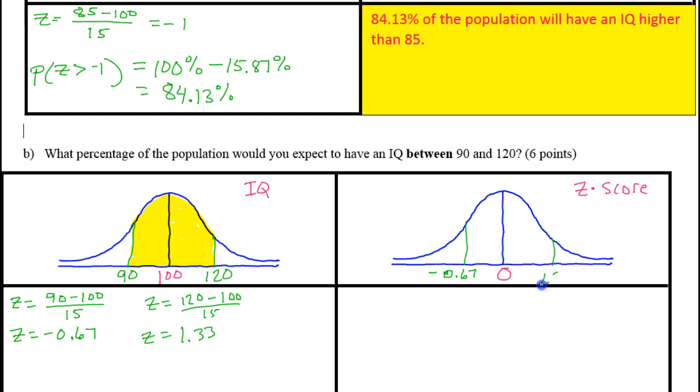The 1.33 is the z-score that goes here. And I just realized I didn't shade this in yet, so of course over here we also are talking about between. But instead of talking about between IQ scores on this chart, it'll be between these z-scores.